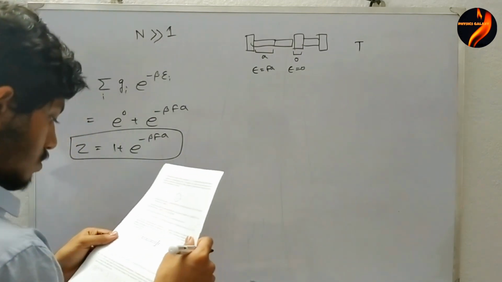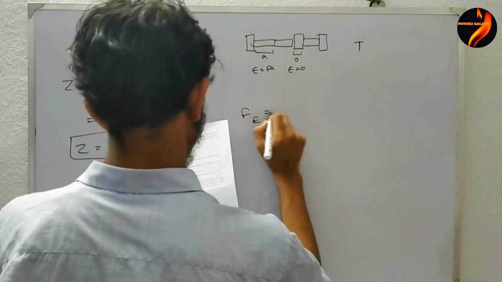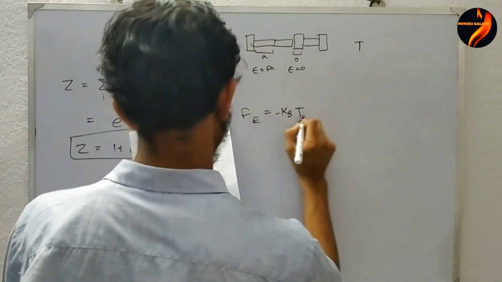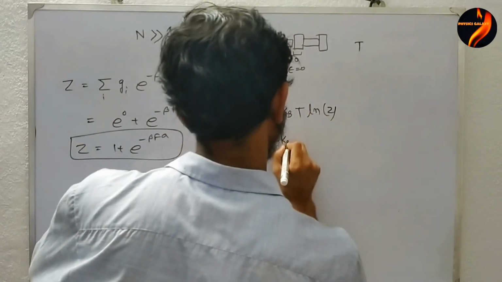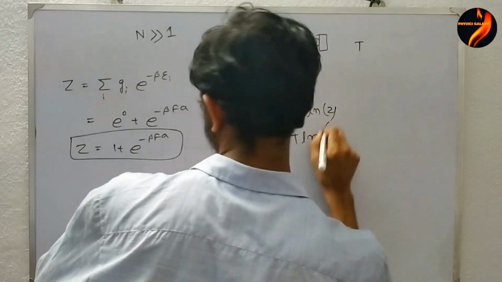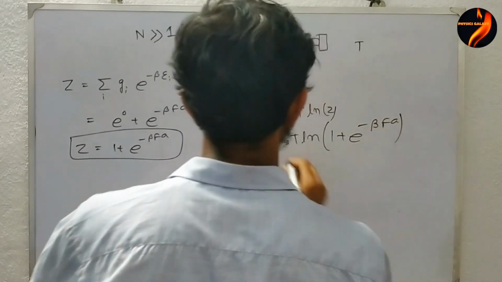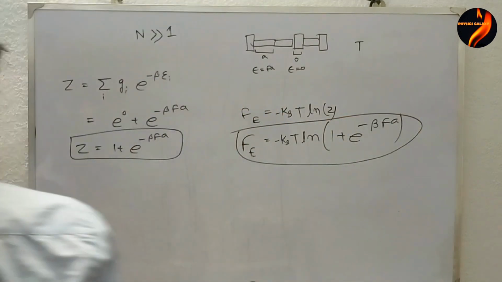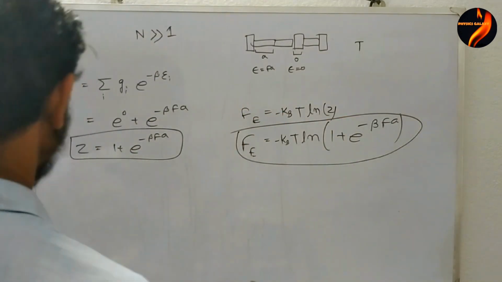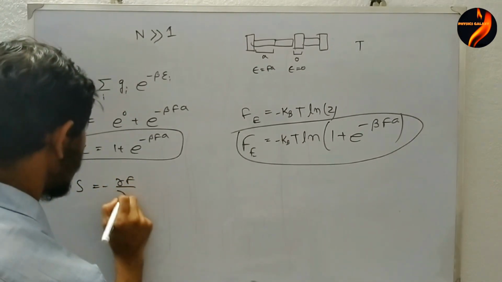And then it asks me to calculate the free energy, Fe equal to minus kB T ln Z. So this is just this quantity. This is the free energy, and then the entropy.